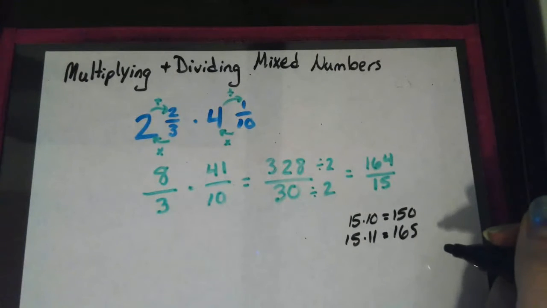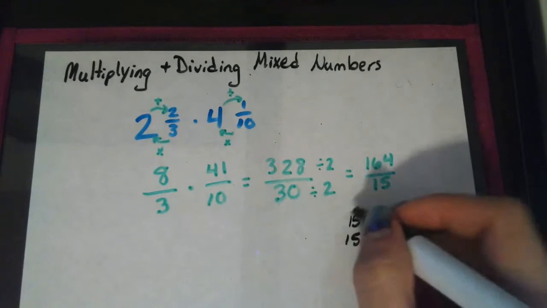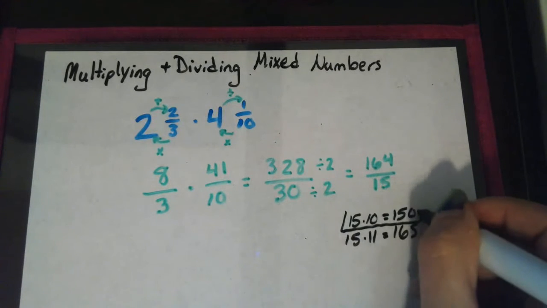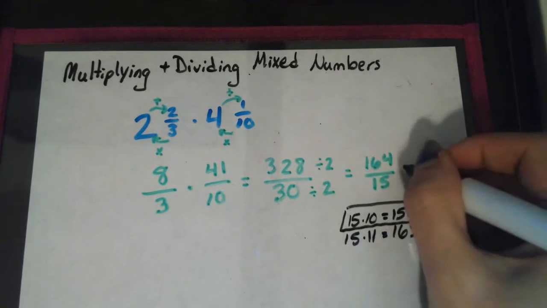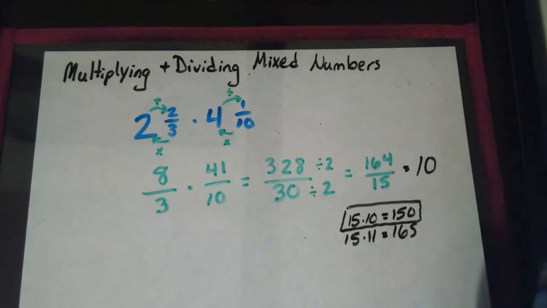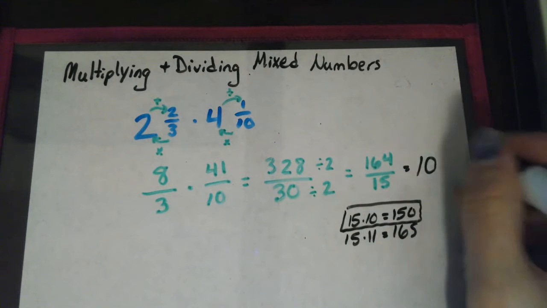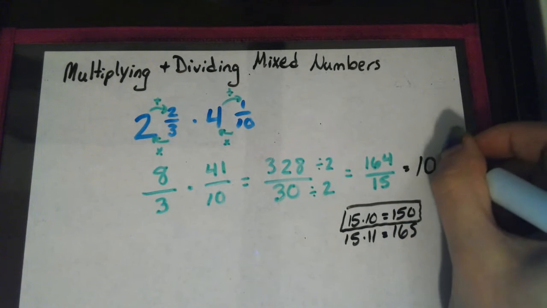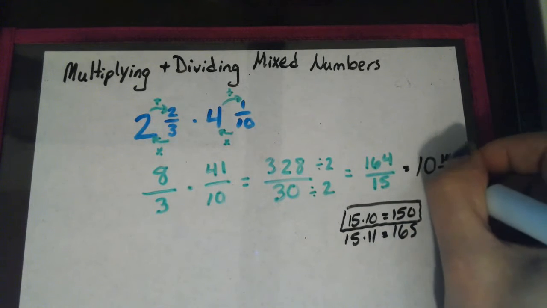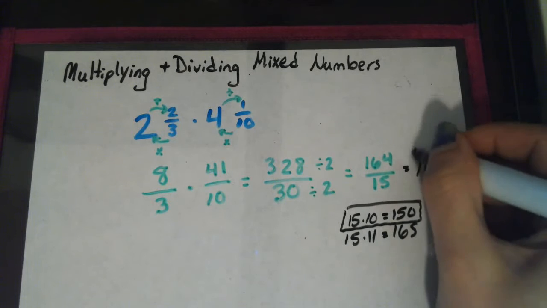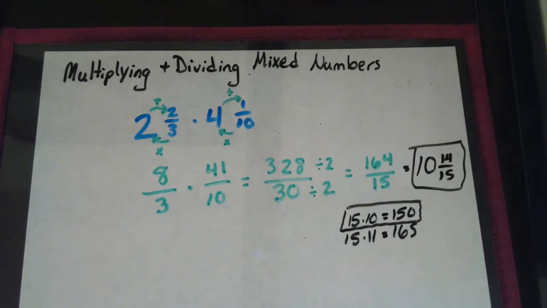Oh, I don't have that many. I only have 164. So it looks like it goes in 10 full times. And then if I'm only using 150 out of 164, that's going to leave me with 14 left out of 15. So that is equal to 10 and 14/15.